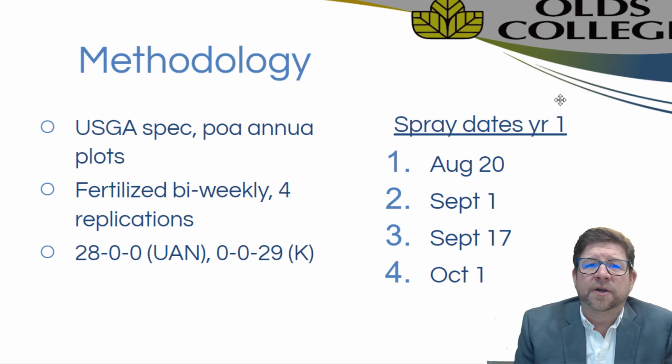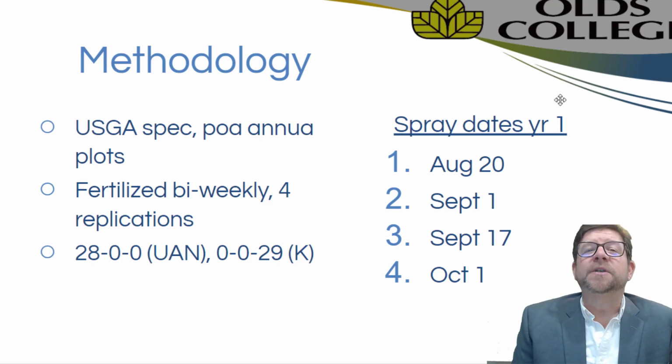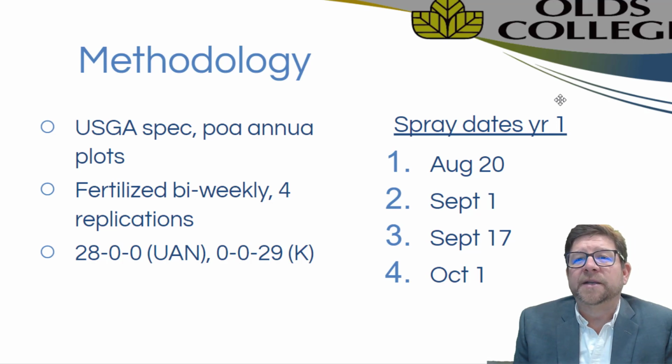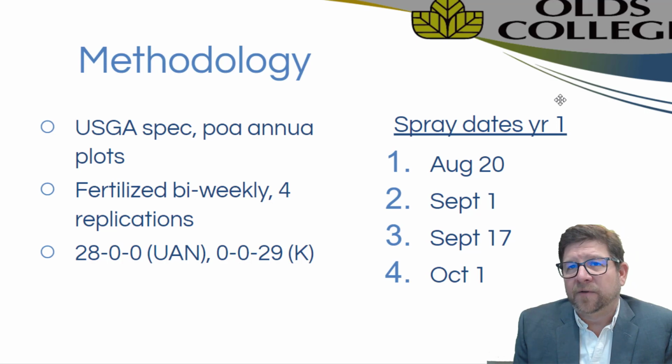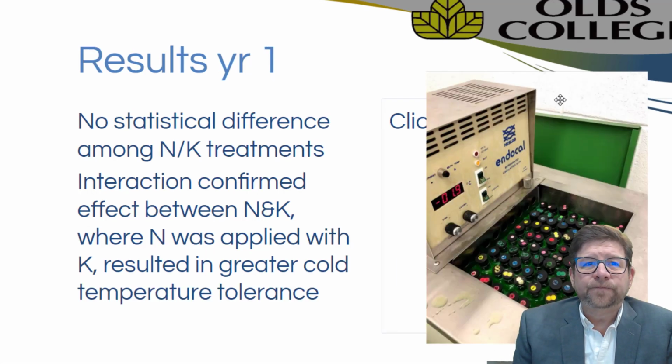So we used a urea ammonium nitrate product at 28-0-0, and potassium was 0-0-29 potassium acetate. Our application dates were August 20th, September 1st, September 17th, and October 1st, based on that foliar treatment of 10 to 14 day interval that we've talked about before.